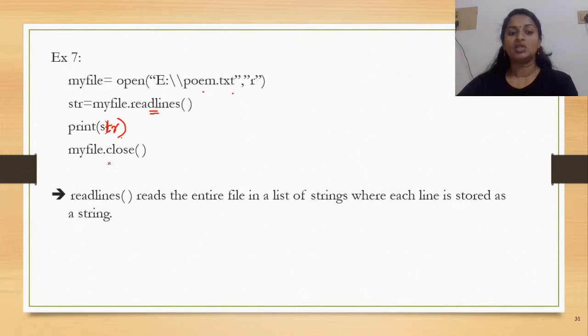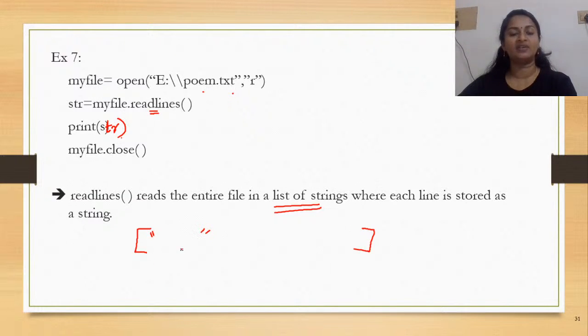So the entire file would be read, and what you need to understand here is, we already learned that when we were learning the read function, things would be returned in the form of a string, but in readlines, it is going to be stored as a list of strings, wherein each line is stored as a string. So the contents of your file would appear in a list, and in the list, each would appear as a string.